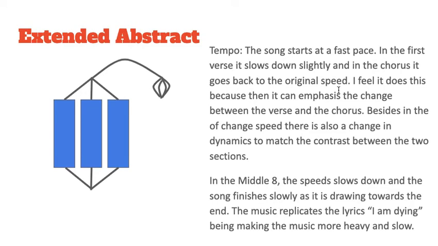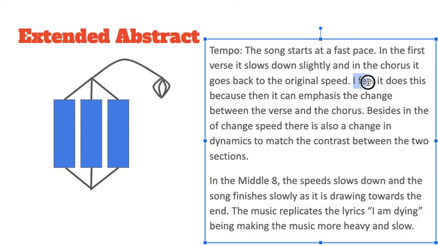For example, here, I feel it does this because it can emphasize the change between the verse and the chorus. I'm saying that it changes this because it wants to distinguish between the two parts. So it's me giving my own personal insight in regards to the speed.